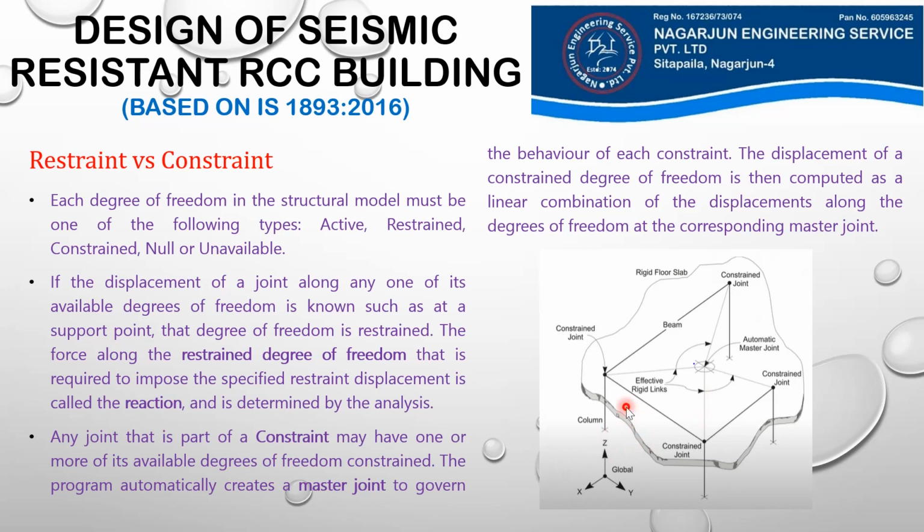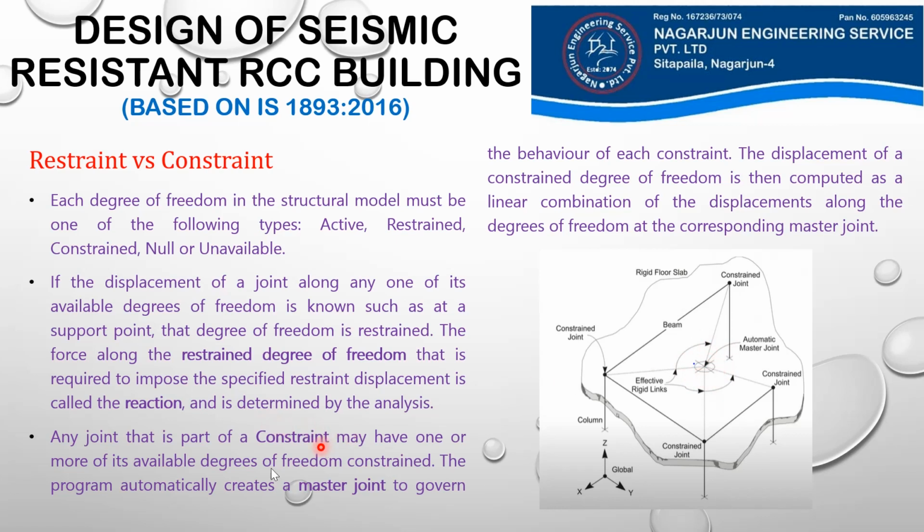When we apply a displacement to this slab, suppose we give a displacement in this direction, these 4 nodes will not displace independently, rather they displace simultaneously. The displacement of all these joints is affected by the displacement of this master joint.